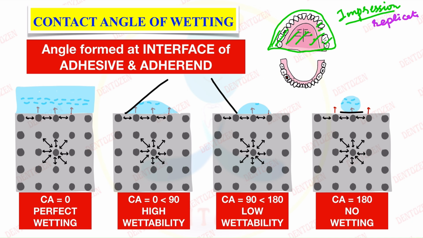Second is when we pour aqueous gypsum products into the impression material that we have already made. This gypsum product will also not flow well into the impression material. So the cast which will be obtained will not have accurate records. So that is again where we need to make sure that there is good wetting.